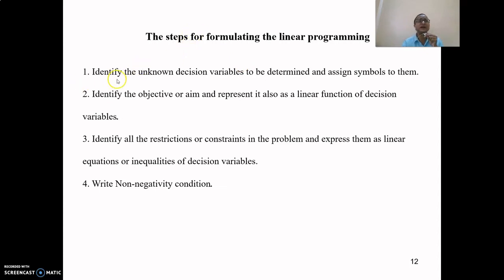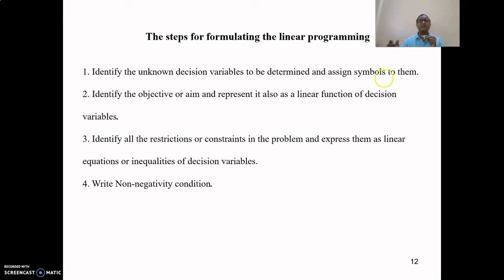The first step is to identify the unknown decision variables to be determined and assign symbols to them. The variables are, for example, the number of parts to be produced, their process time or cost, which parts are to be processed on which machine, and how much quantity to be produced so that the profit is maximized.